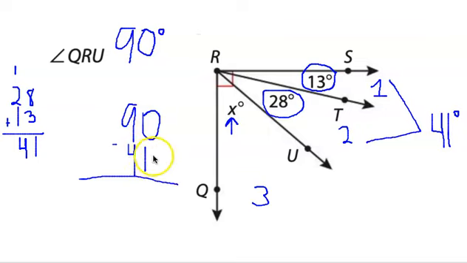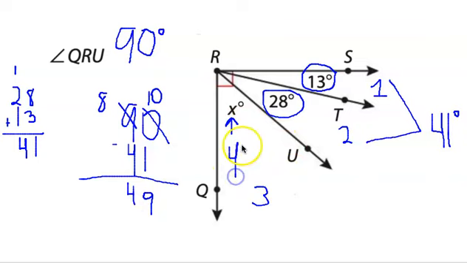So I have 0 minus 1, which I can't do, so I will cross off this 9, make it an 8, cross off this 0, make it a 10. 10 minus 1 is 9. 8 minus 4 is 4. So we know that our missing piece here would be 49 degrees.